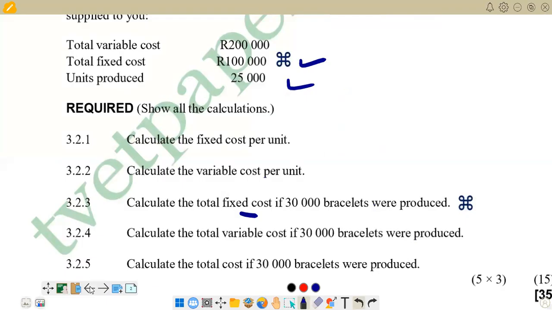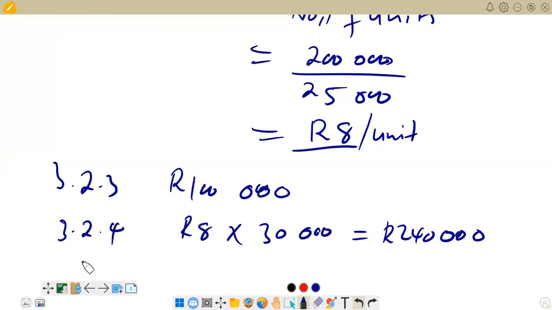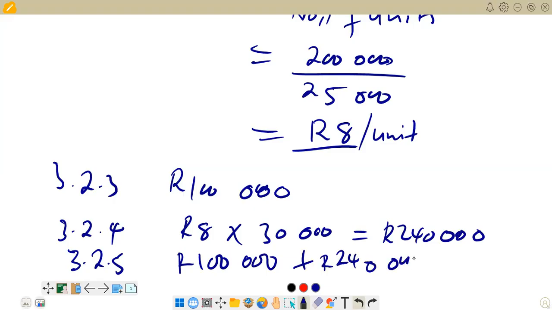We are going to say 100,000 for 30,000 units. And then we add variable cost for 30,000 units, which is 240,000. And then the answer that you get is 340,000.